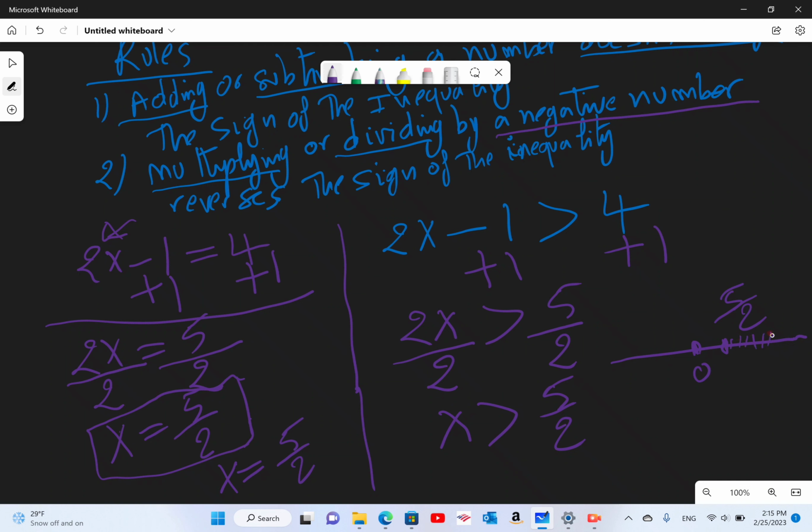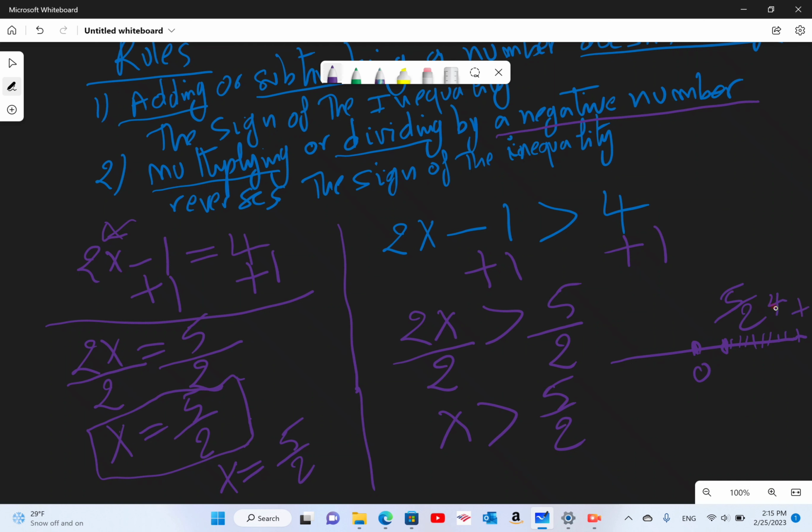It means all the numbers that are greater than 5/2. What would be the next number after 5/2? 5/2 is literally 2.5, right? So 2.6, 2.7, 2.8, all the way up to plus infinity.